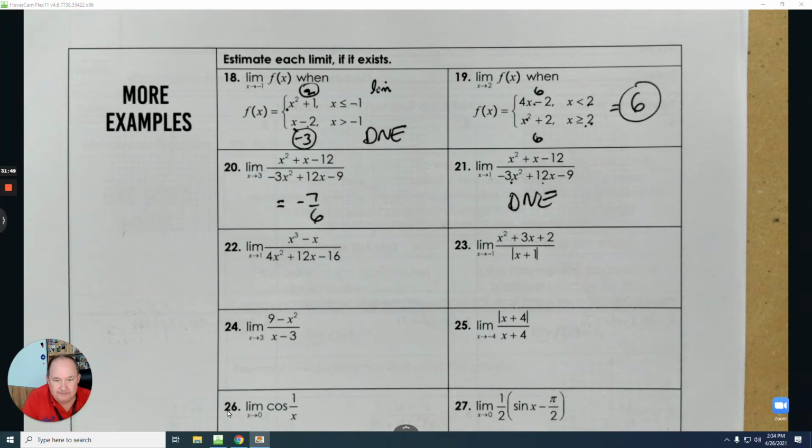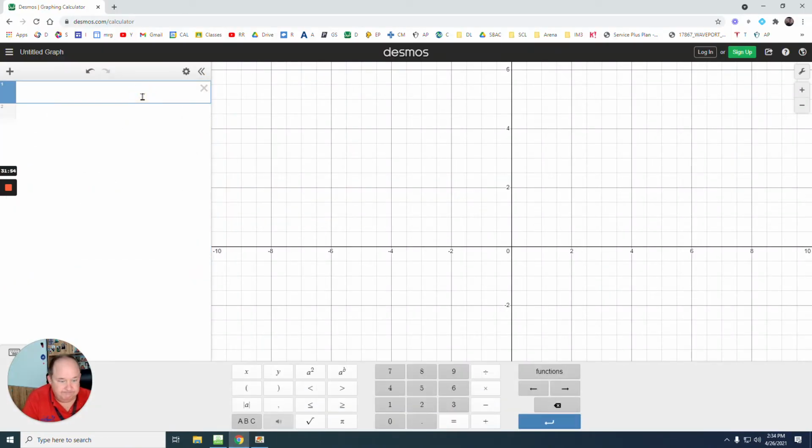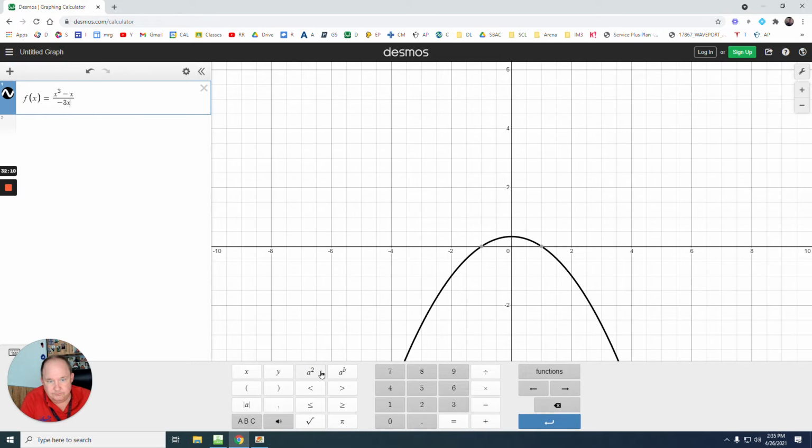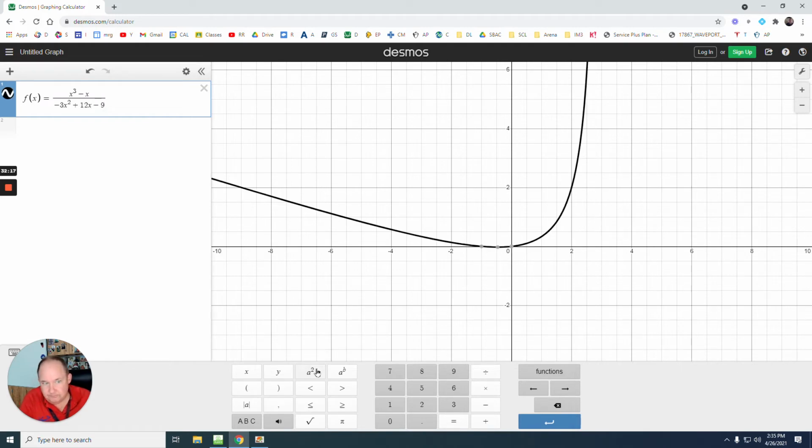So let's say I do this with a graph. I'm going to type in x cubed subtract x, and in the denominator -3x squared plus 12x, take away 9. And then if I want to understand the answer, it says as it approaches 3.